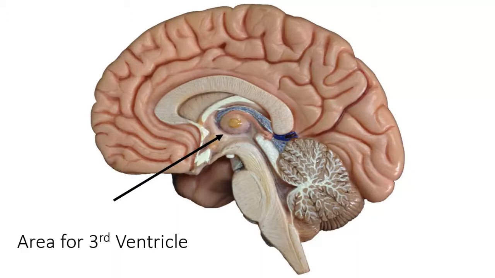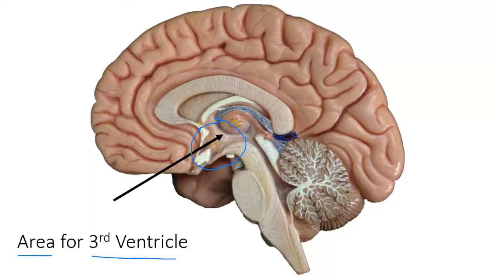So now, check it out though. I want you to pay attention. This arrow is pointing to the hypothalamus. Doesn't it look like it's pointing to the hypothalamus? Except it's saying this is the area for the third ventricle. So I have to caution everybody: when you're identifying this slide, if it's just pointing to that region of the brain and it says name the space or the area, they want third ventricle as the answer.